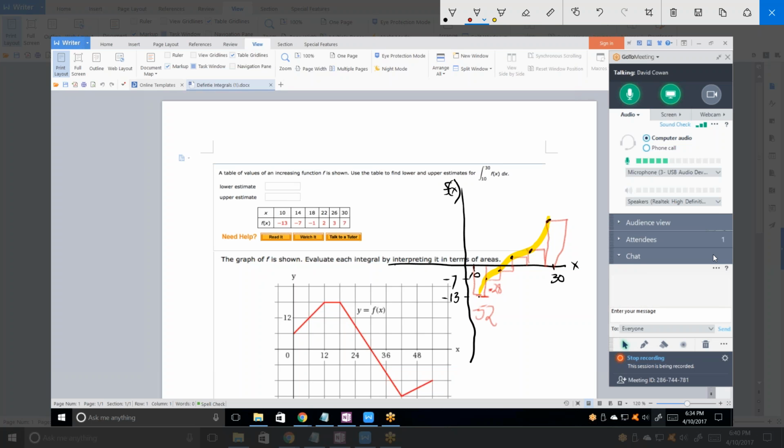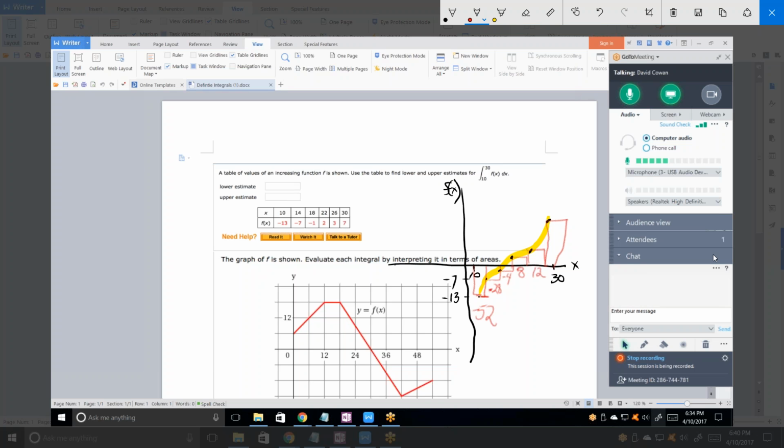The third rectangle, which is 2 different rectangles, but the third one is 4 units wide, 1 unit, still negative, that's minus 4. This one, 4 units wide, positive 2, that's plus 8. This one's 4 units wide, 3, that's 12.